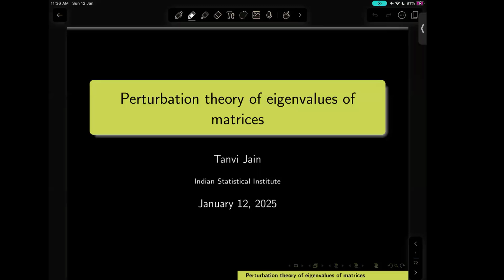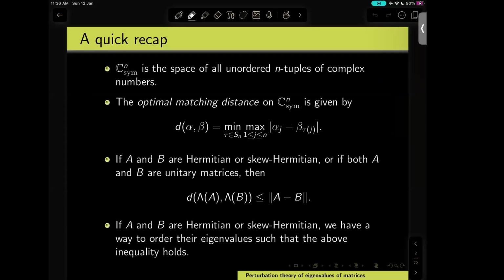So we will be starting with the third lecture in our lecture series on perturbation theory of eigenvalues of matrices. We recall what we did yesterday.